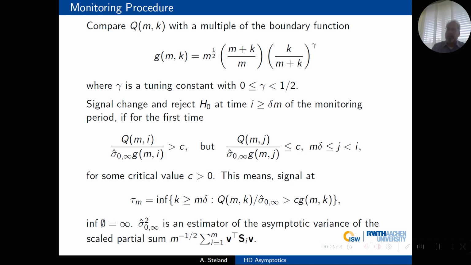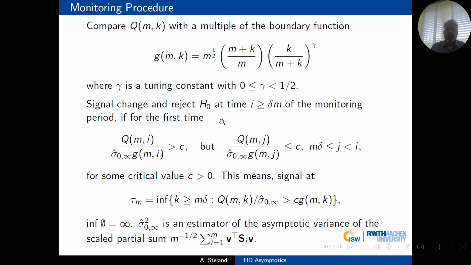If you expect that you have an early change, you should select gamma closer to 1/2. Otherwise, you can choose a smaller value of gamma. The value gamma equal to 1/2 is not allowed because then the resulting expression has no well-defined limit.